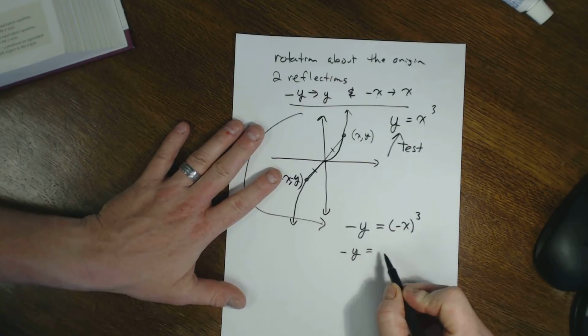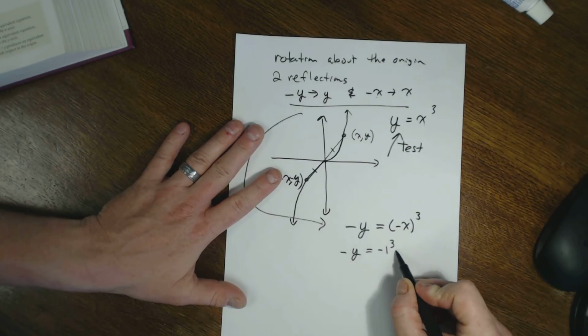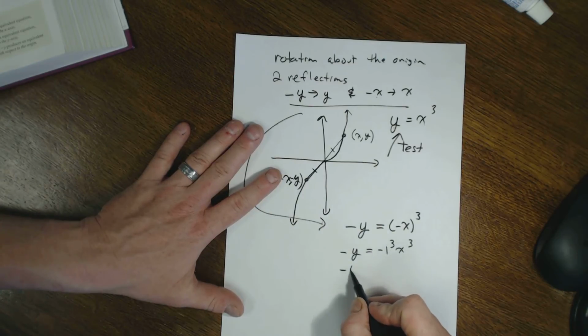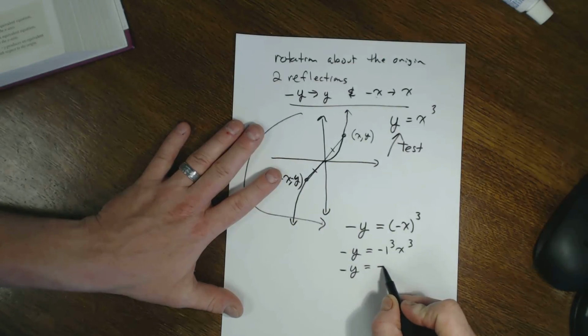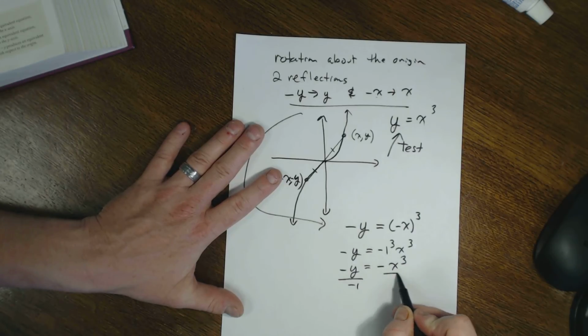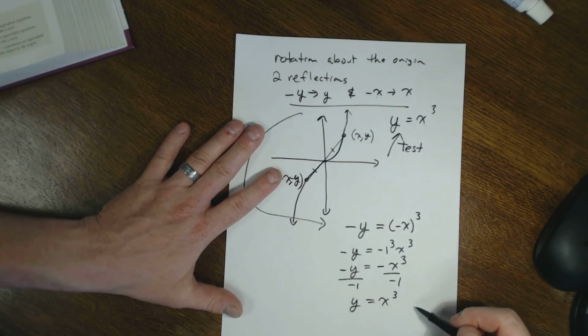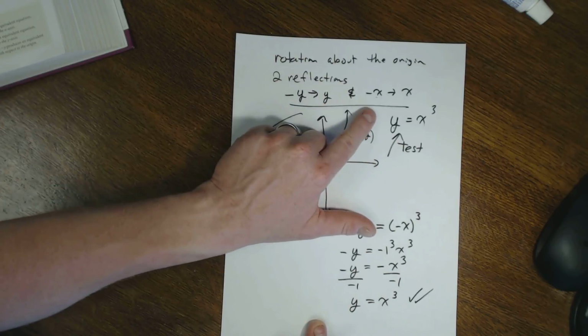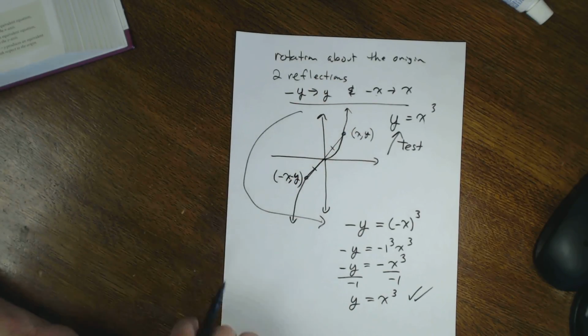Minus y is equal to negative 1 to the third, x to the third. This becomes minus y is equal to minus x to the third. I'm going to divide both sides by minus 1, and y is equal to x to the third. So check, check, check for both of these reflections, and I get a rotation about the origin.